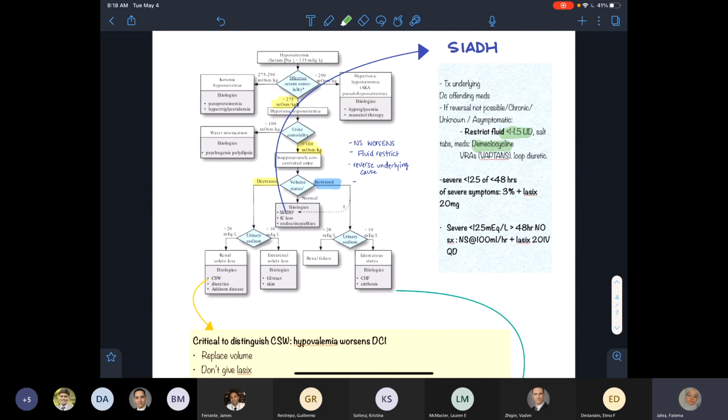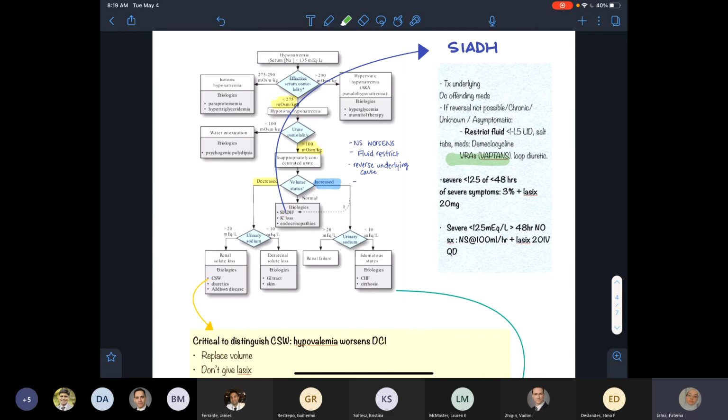Demeclocycline comes with some bad side effects, so we don't give that, but we sometimes do bring up the vasopressin receptor antagonists, the tolvaptans. I'll get to tolvaptan in a second because I want to go over the other two situations.